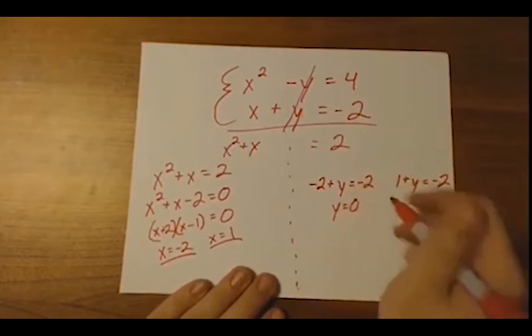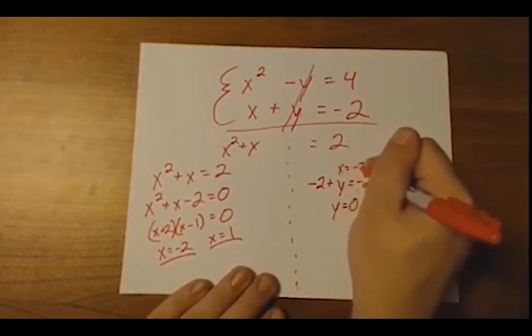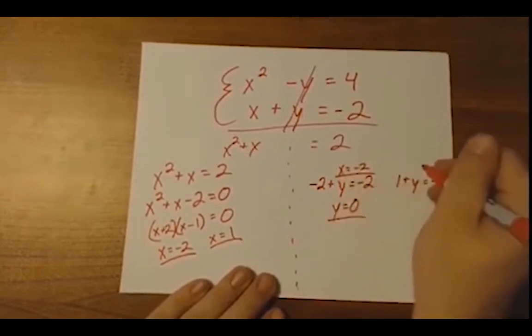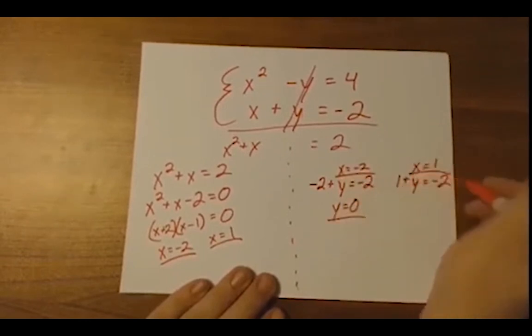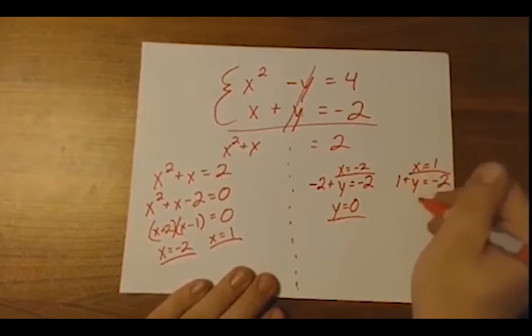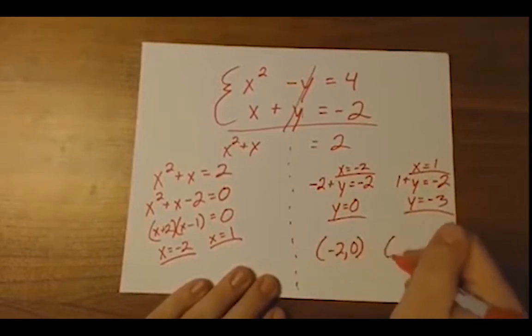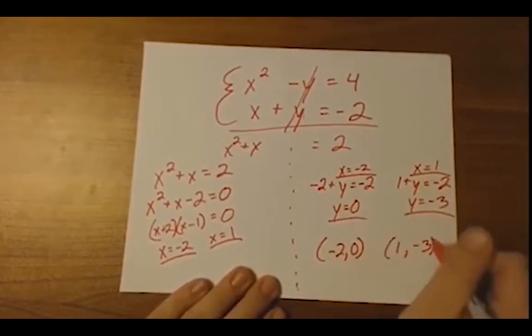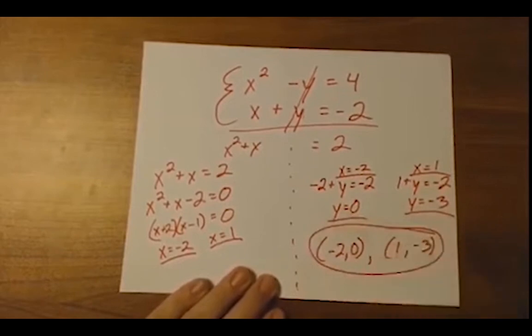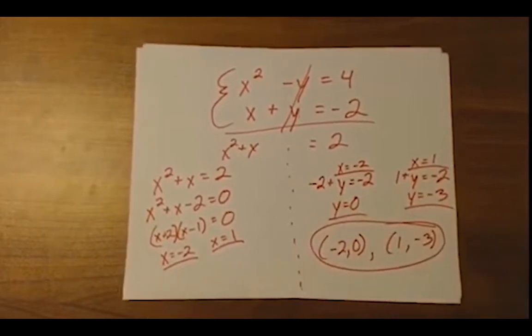So y equals 0 when x equals -2, and when x equals 1, y equals -3. So -2, 0, and 1, -3.